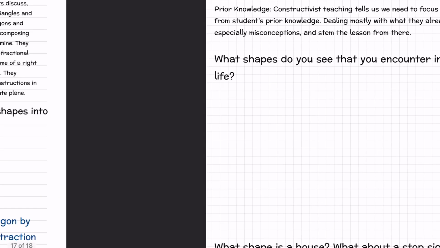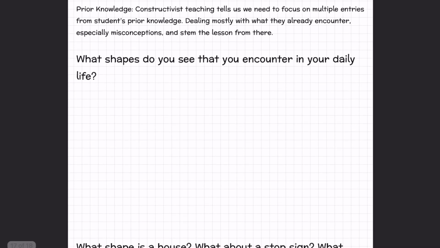By the end of this lesson, our learning target is: I can find the area of a polygon by using multiplication and subtraction. So I want to get us started with a quick prior knowledge understanding. What shapes do you see or do you encounter in your daily life? Now, constructivist teaching tells us we need to focus on multiple entries from students' prior knowledge, dealing mostly with what they encounter, especially misconceptions, and stem the lesson from there.